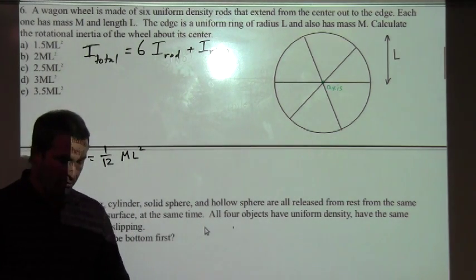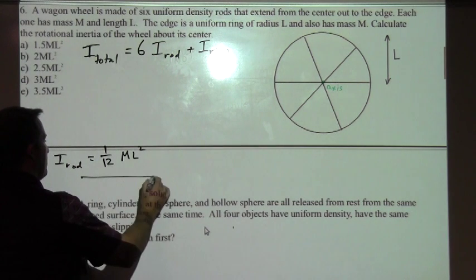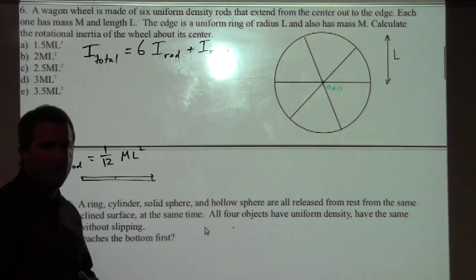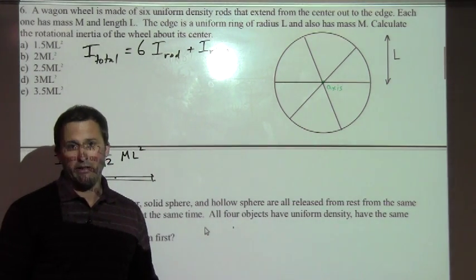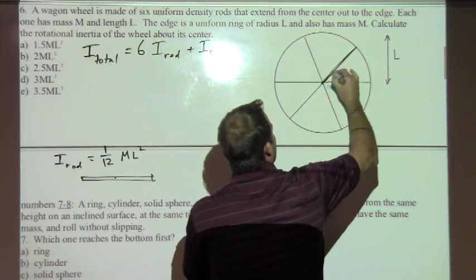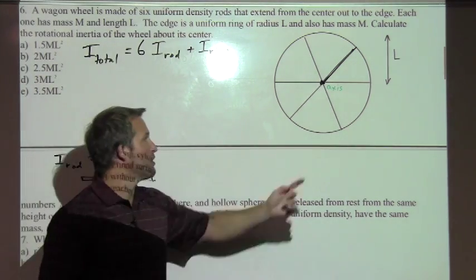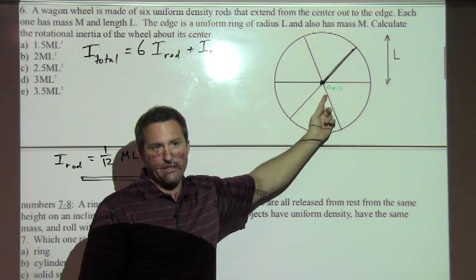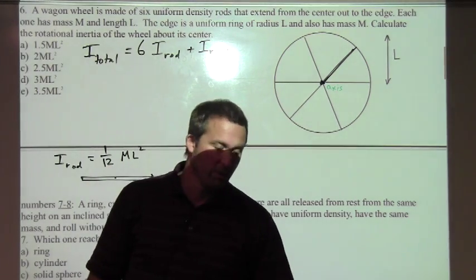Now, that is the rotational inertia of this uniform density rod about its center point. But that's not what we have here. For each of the rods that we're considering, we're trying to find the rotational inertia of that thin rod about an axis point that's over at the edge here. And so what we need to do is apply that parallel axis theorem, which we've used before.